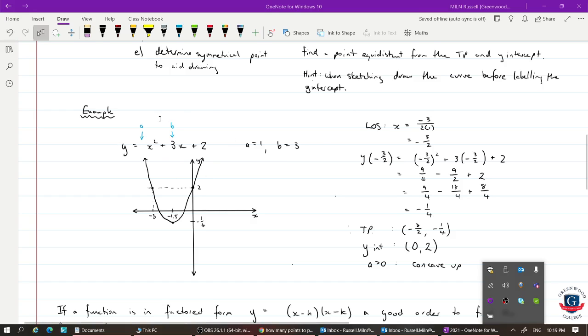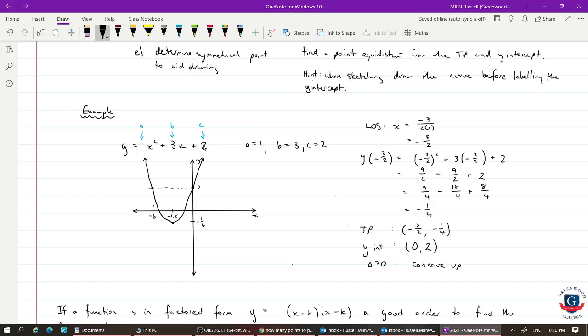I'd start with the function here, and I'd find the value of a and b. And in fact c as well, because we're going to need it in a minute. Here's c. C is equal to 2. Once I know those three values, the coefficient of x squared, which in this case is 1, is a.